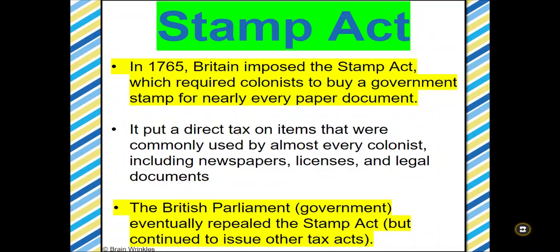Of course, as you can imagine, many colonists did not like that because they felt like it's not fair that you're making us pay taxes on these different things. The colonists also did not have a voice in the British government or a say in really what went on in the colony, specifically Georgia. So if you ever hear the saying "no taxation without representation," that's what it's coming from.